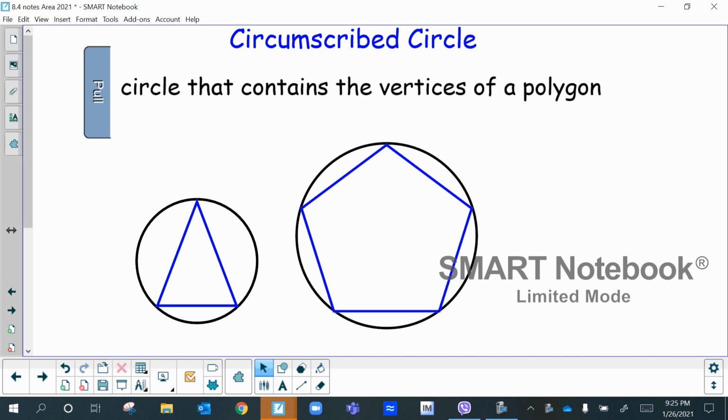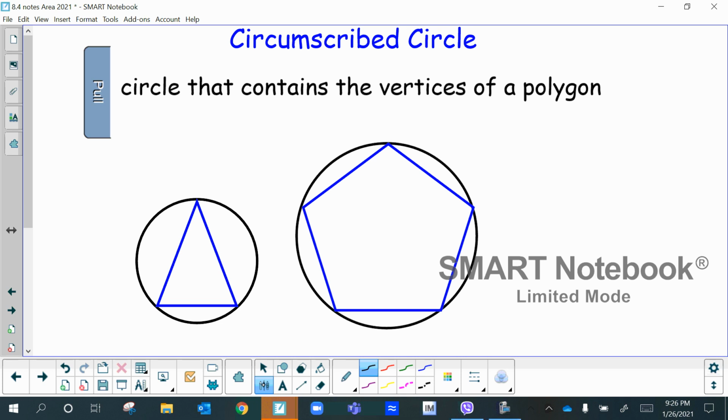This here looks more like a regular polygon, or more in particular, a regular pentagon. And so again, all the vertices are on the circle. And that's what a circumscribed circle is.